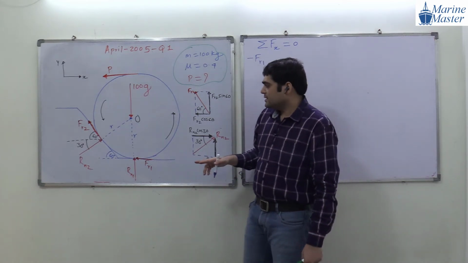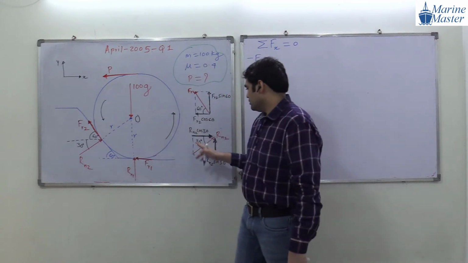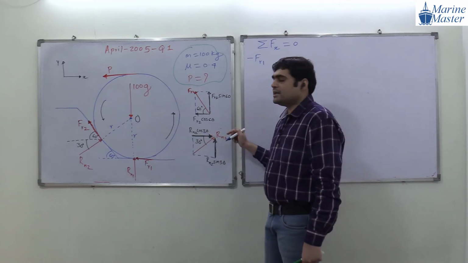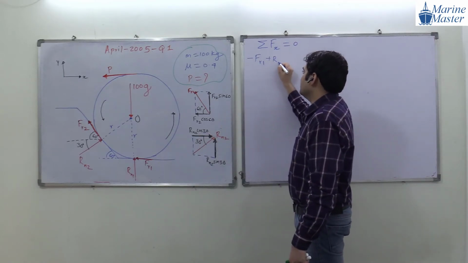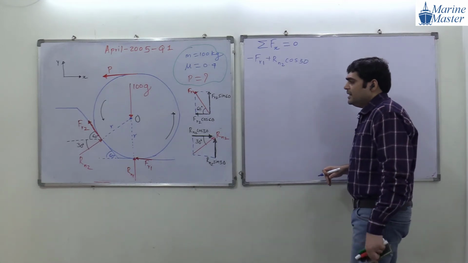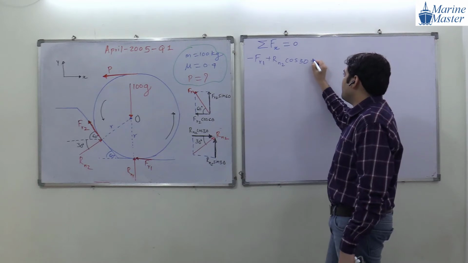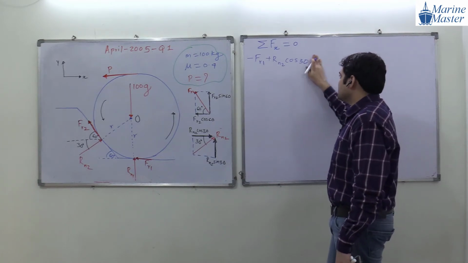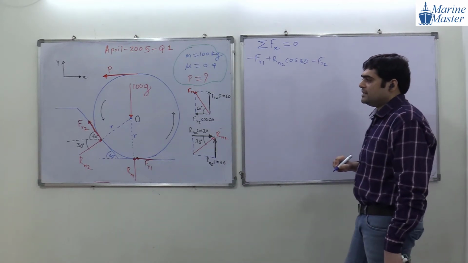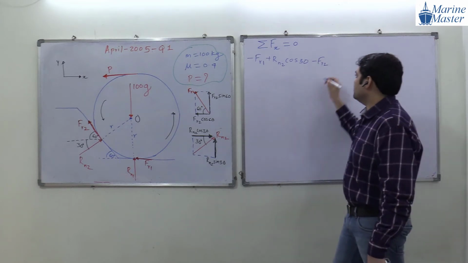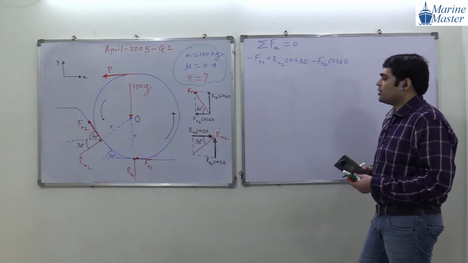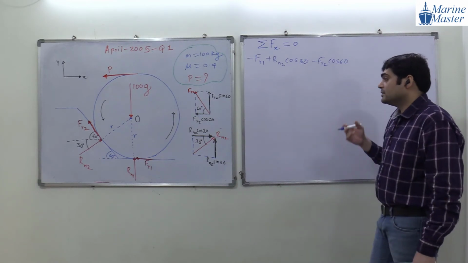After minus FR1, we will have Rn2 cos 30, plus Rn2 cos 30. Next, minus FR2 cos 60.